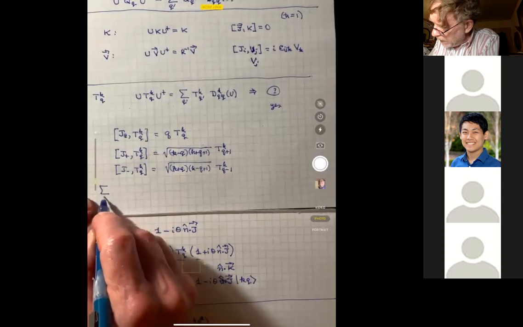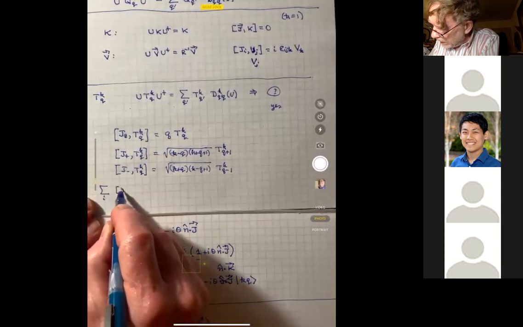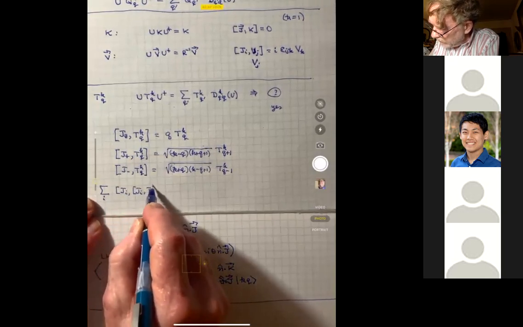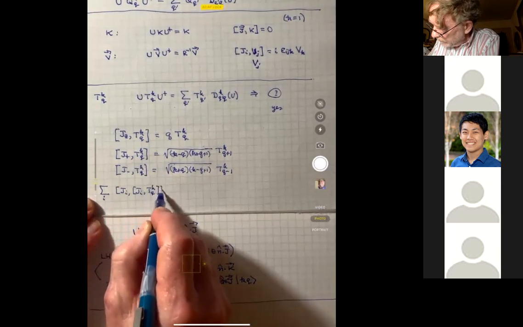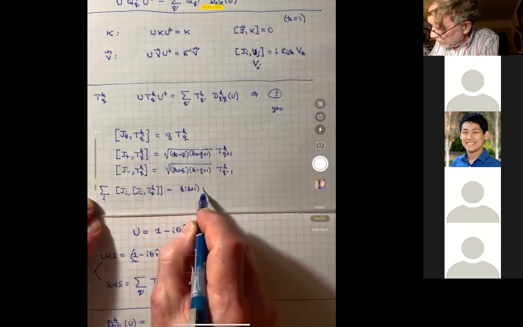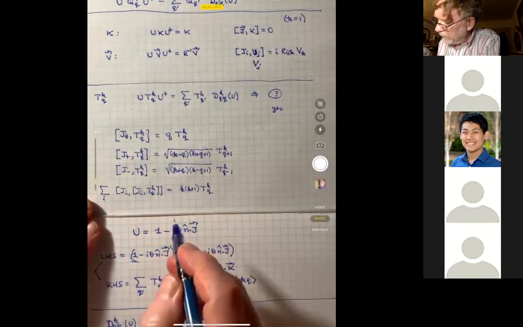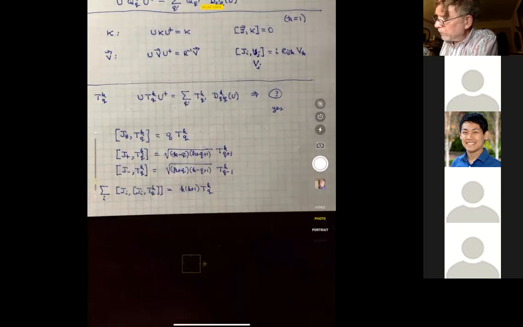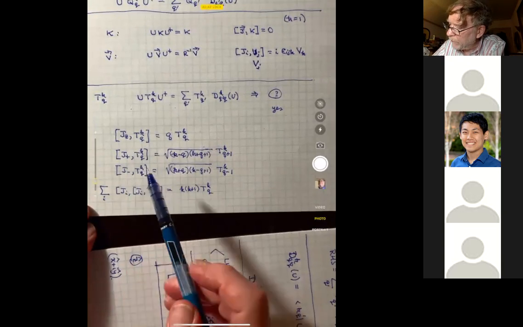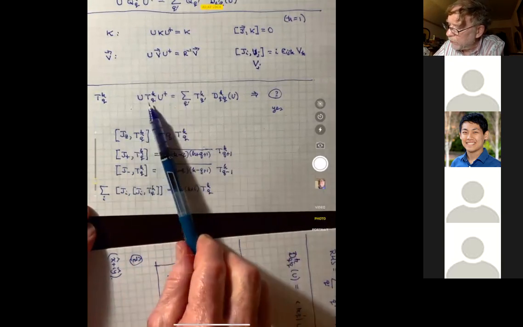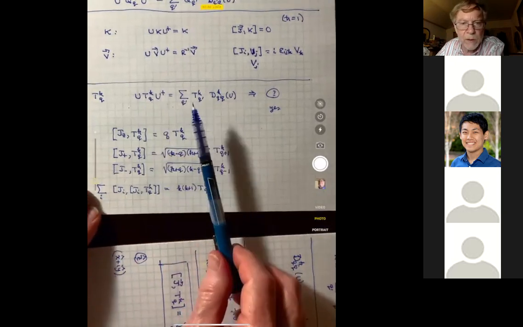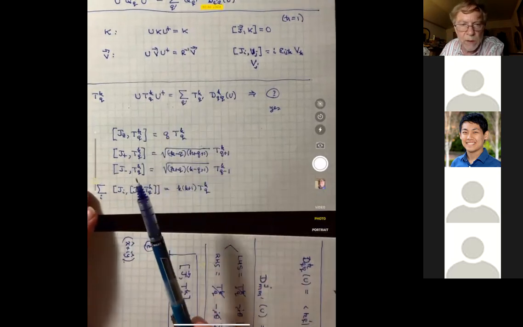If I form the sum on i of the iterated commutator of Ji with Ji with a TKQ like this, what I get is K times K plus 1 times TKQ. So these are four formulas which are all basically infinitesimal versions of the transformation property or defining property of the irreducible tensor operators, expressed when the rotation is infinitesimal.